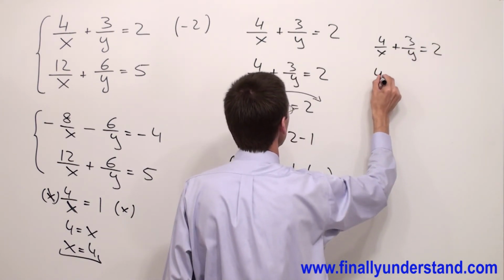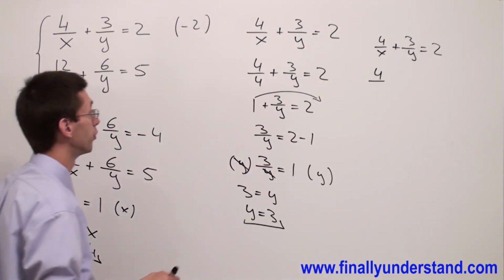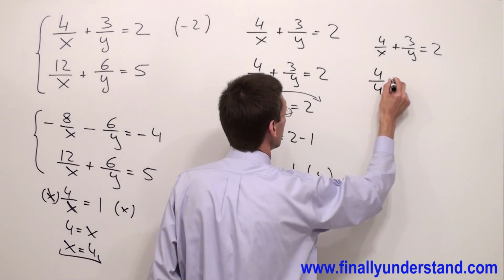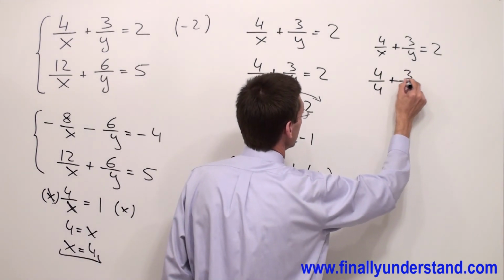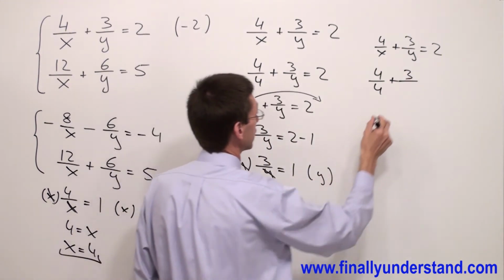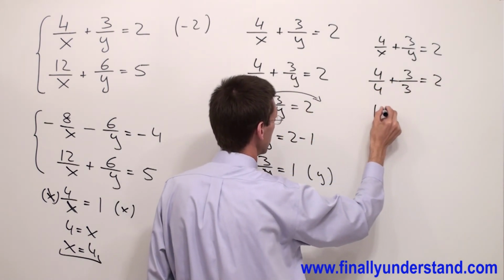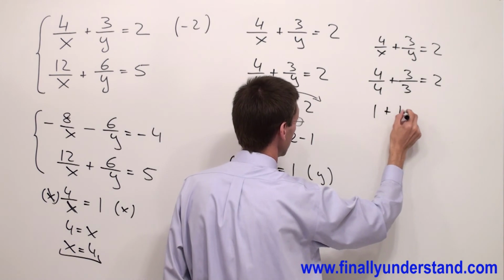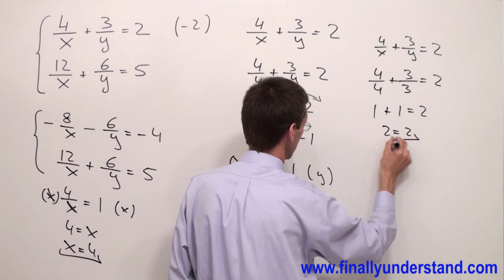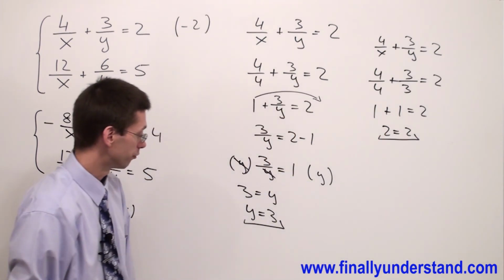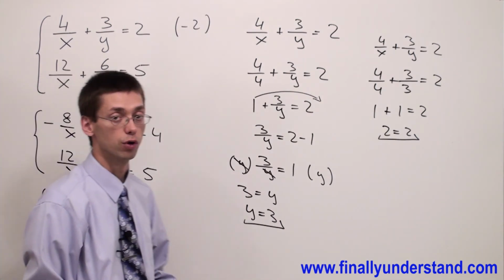So I have 4, and instead of x, I'm supposed to write 4 because x is equal to 4, plus 3 over y, where y is equal to 3, is equal to 2. 4 divided by 4 is equal to 1, plus 3 divided by 3, which is 1, is equal to 2. 1 plus 1 is equal to 2. So we can say that for the first equation, these two values work fine.